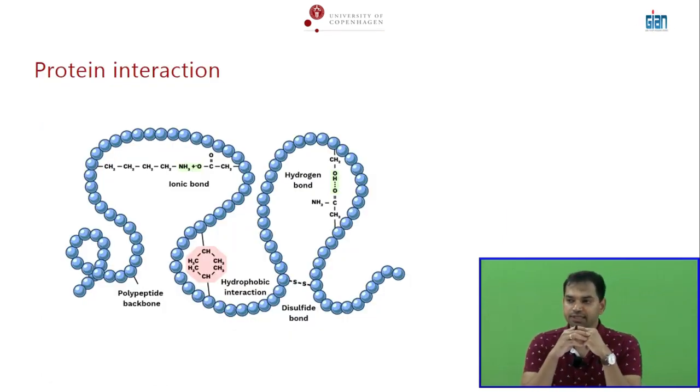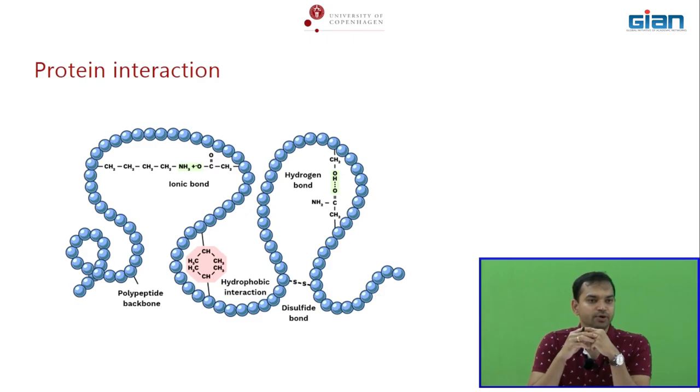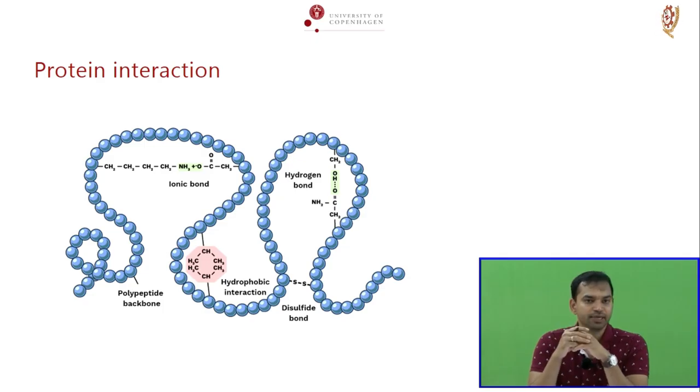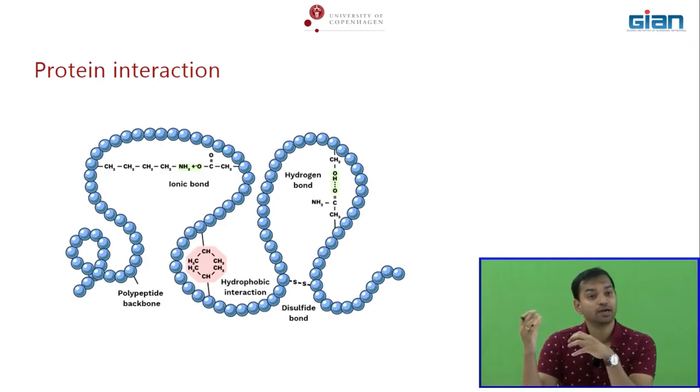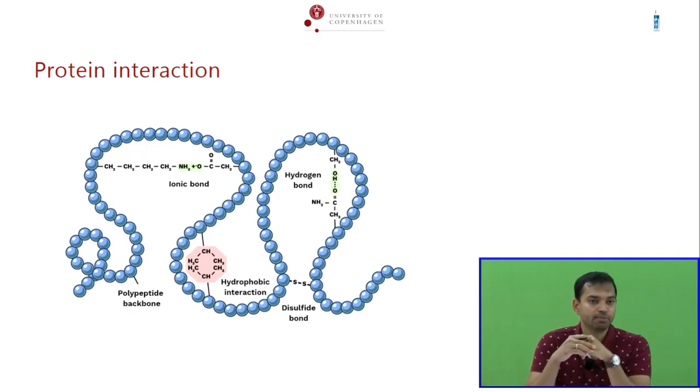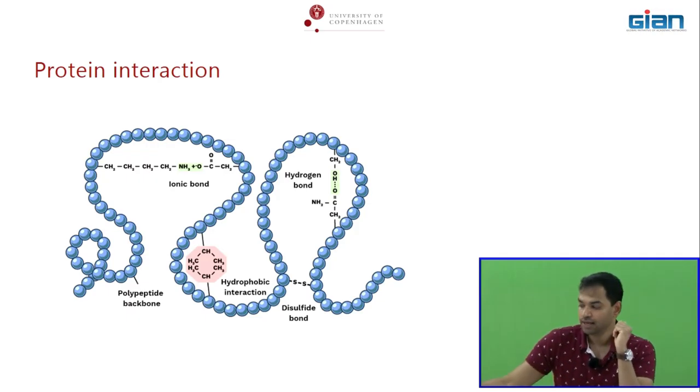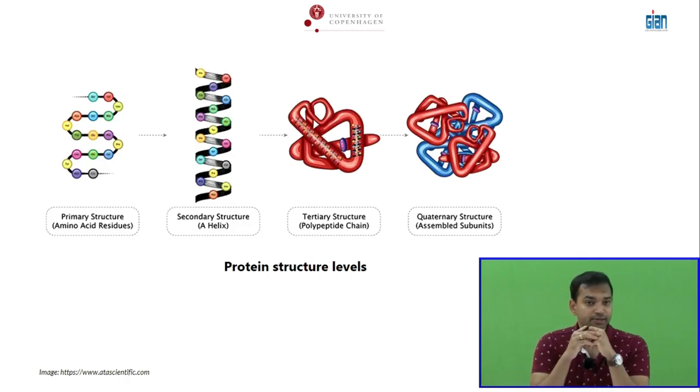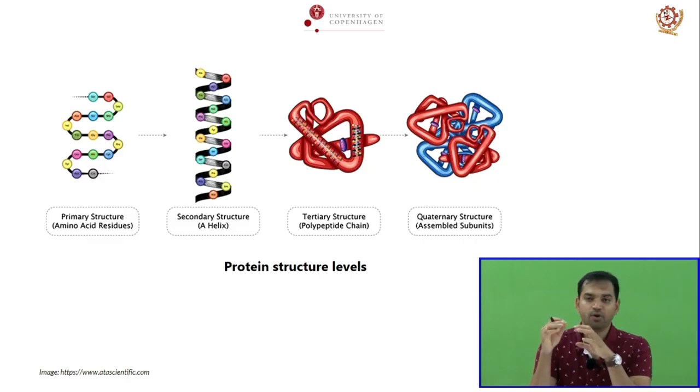I also refresh this again and again. I'll bring this picture to your mind just to show that all the functional properties are related to the structure of the protein. Structure is very important. Structure determines how protein binds to water. Structure determines how protein interacts with other components to improve the functional properties. We talked again about the 4 different levels of protein structure: primary, secondary, tertiary, and quaternary.